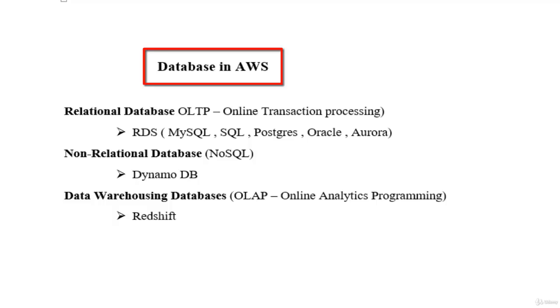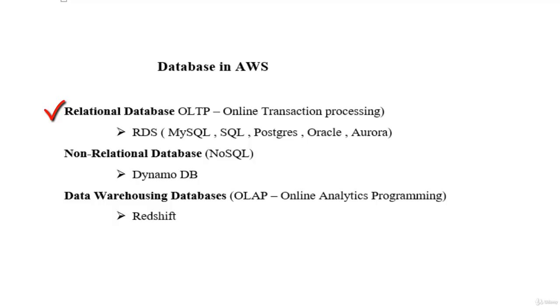So how many types of database do we have in AWS? The first one is relational database, or you can say OLTP, online transaction processing. In relational database we have RDS, and that contains around five databases: MySQL, SQL Server, Postgres, Oracle, and Aurora.